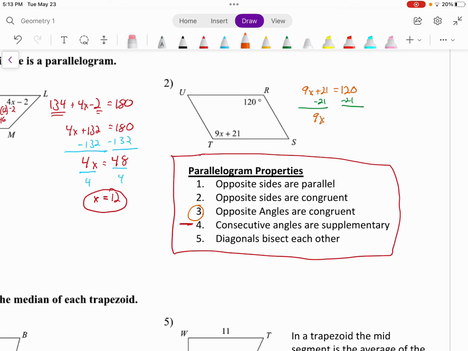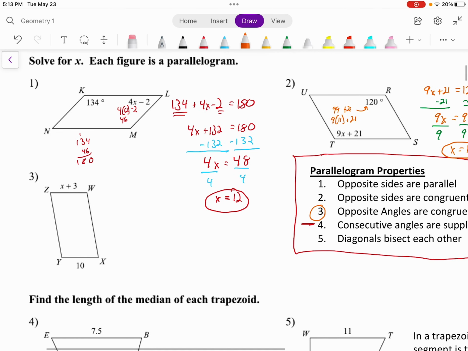So 9x equals 99. Divide both sides by 9. And we get x equals 11. Again, you can plug it in. 9 times 11 plus 21. That's 99 plus 21 is, in fact, 120. So that is correct.